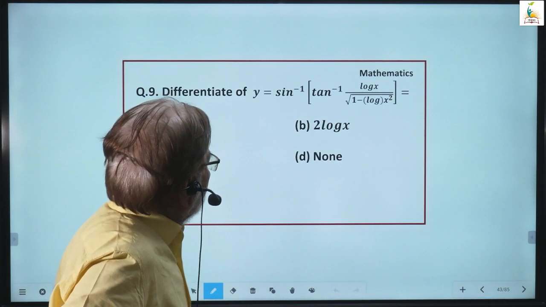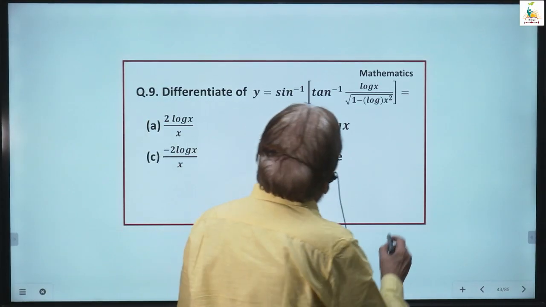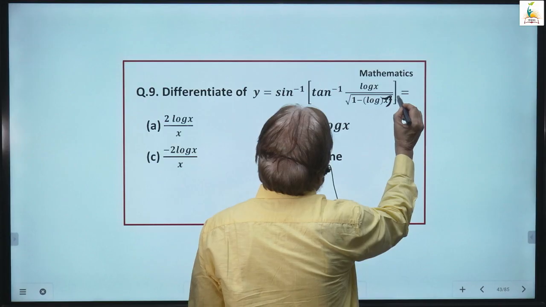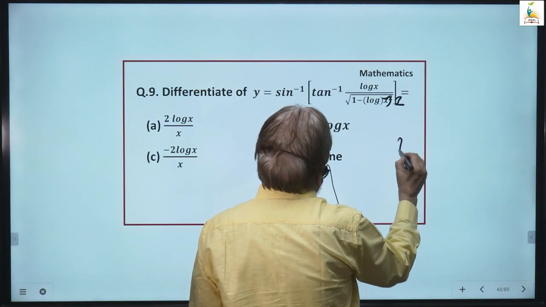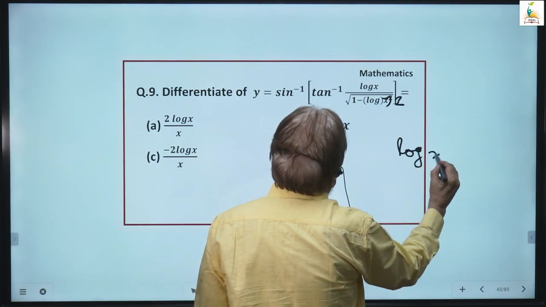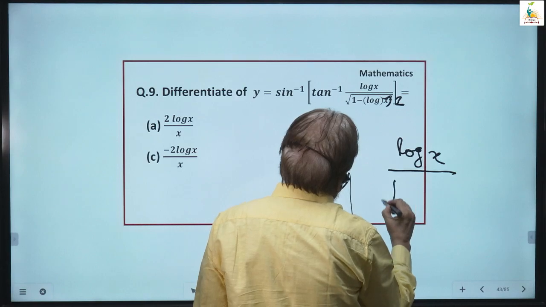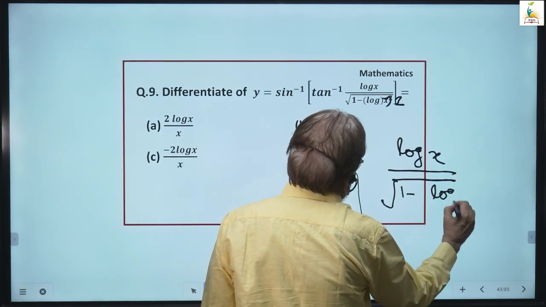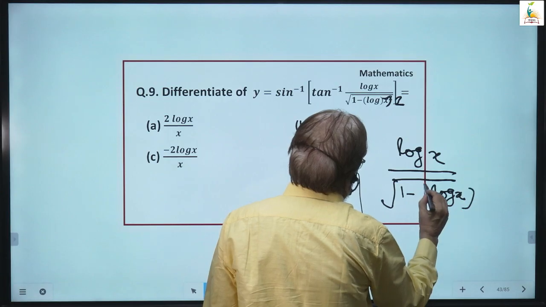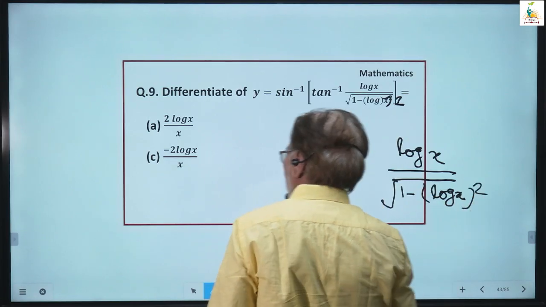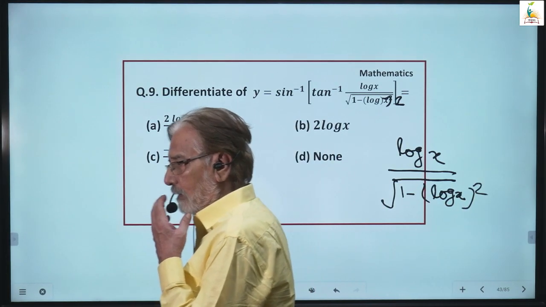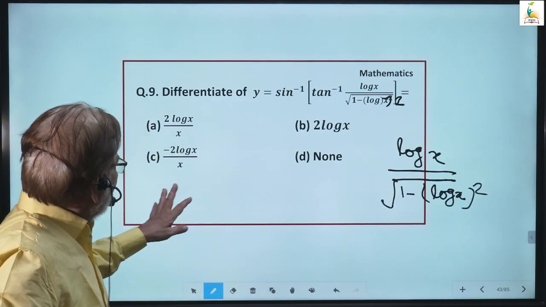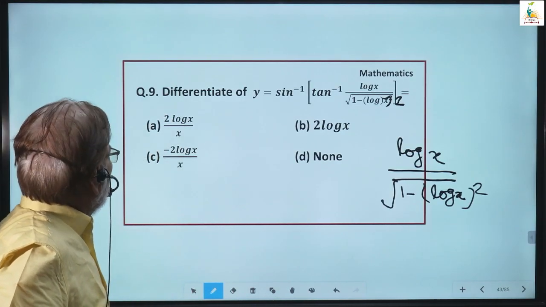If you write this, log x upon under root of 1 minus log x whole square, you put log x equal to sin theta and you will get the answer. Put log x equal to sin theta. This is also a very good question.